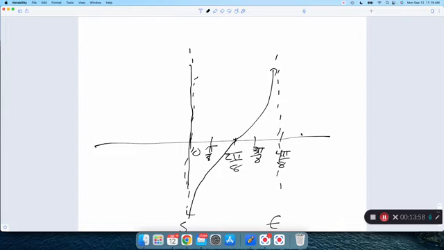So now we're in this next cycle. There's 4 pi over 8, 5, 6, 7. And then the next one, eight pi over 8 would be my next asymptote.